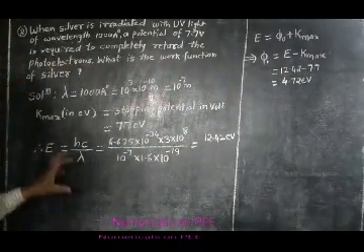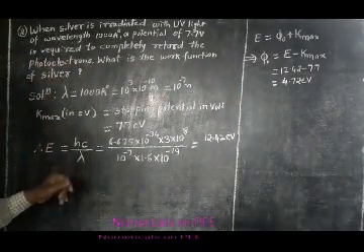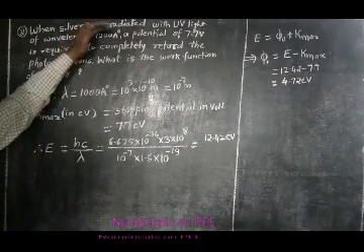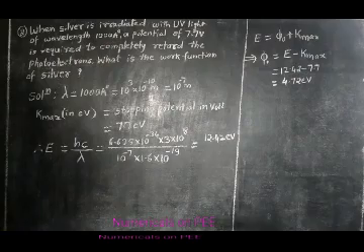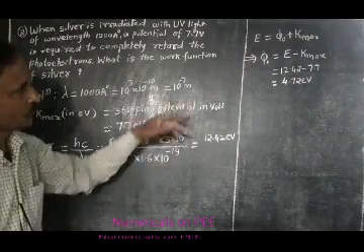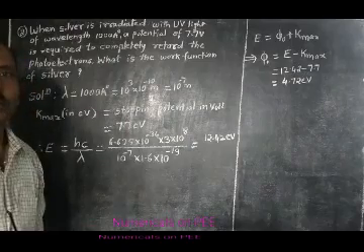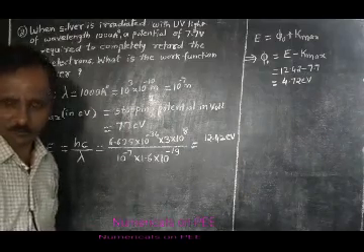Thus the work function of silver when it is irradiated with light of wavelength 1000 angstrom unit is 4.72 electron volt.